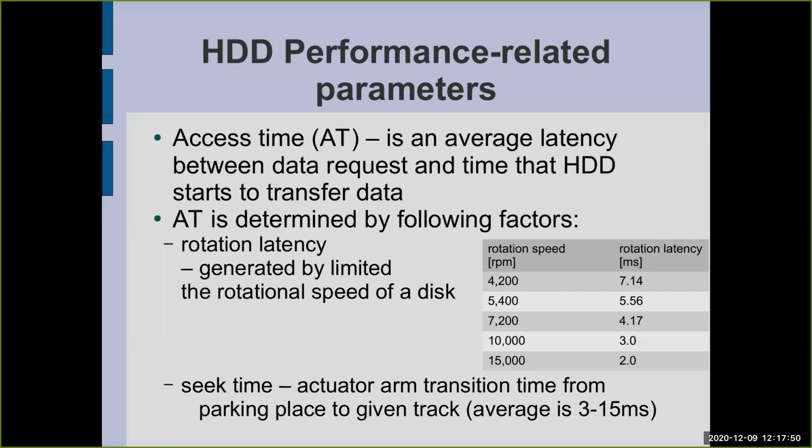But you should be conscious that rotation speed is important, but sometimes if you have, for example, a hard drive with 7,000 RPM and data density is low, it can be even slower than a hard drive of 5,000 RPM.